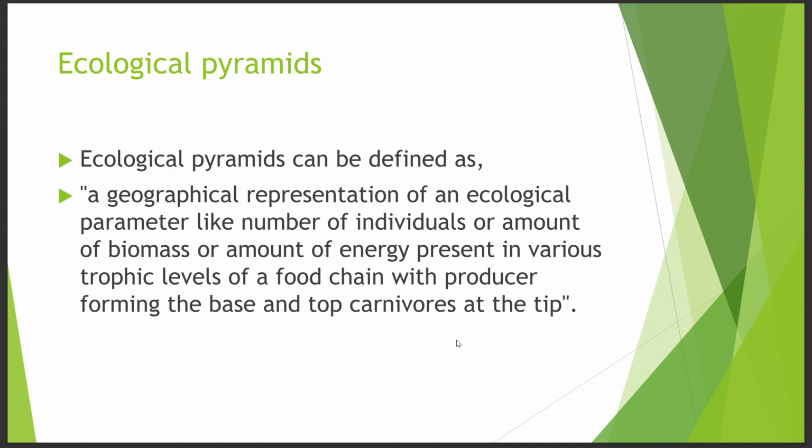Then net primary productivity is what is left over after the primary producer has used the energy it needs for respiration. This is the portion that is available to be consumed by the primary consumers and passed up the food chain.